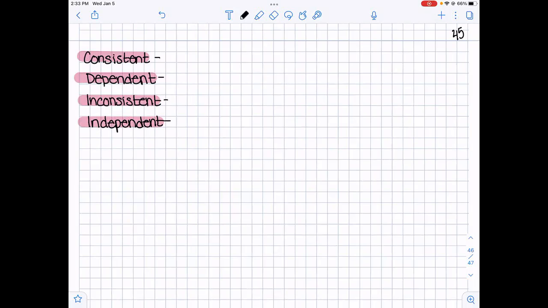Consistent. What does it mean if something is consistent? Always on time and always doing it. Always prompt. I like that. Okay, so in math, if a system of equations is consistent, it's a system that has a solution.